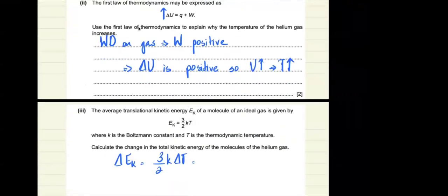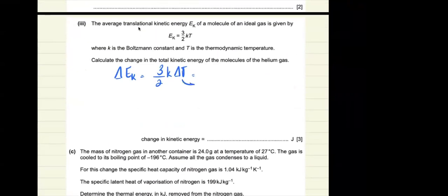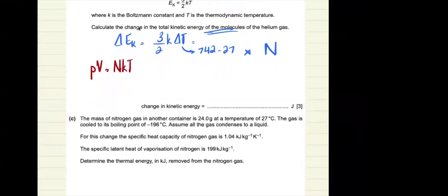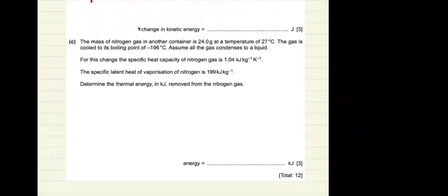So if you just do 742 minus 27, that's going to be your change in temperature. But this is just for one molecule. For all the molecules, you would multiply by the number of molecules that you have, which you would get by the usage of this equation. All right, so that's what you would get.